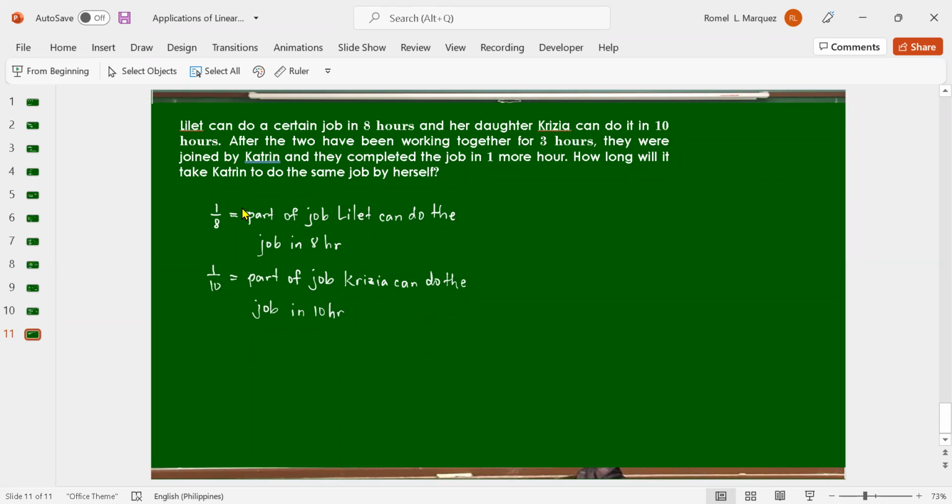Ngayon, let's solve natin kung anong part ang natapos nung dalawa. Part of the job, they were joined by Katrina and they completed the job in 1 more hour. Okay?